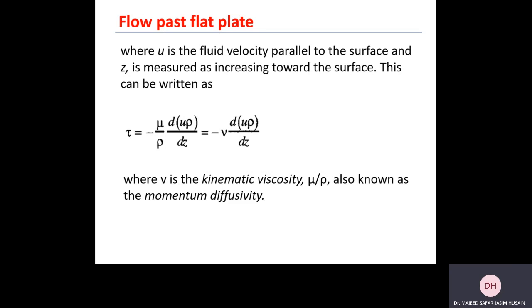The v is the kinematic viscosity, which is the dynamic viscosity divided by rho, and this term is called momentum diffusivity. So from now on, the dynamic viscosity divided by rho, we will call momentum diffusivity.